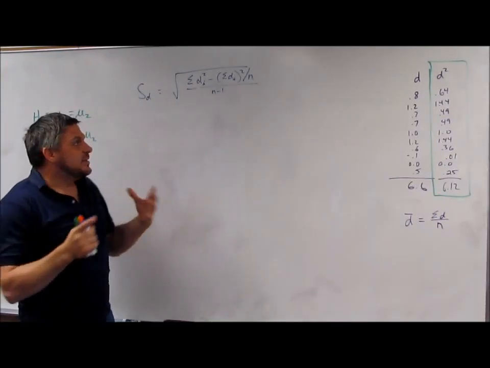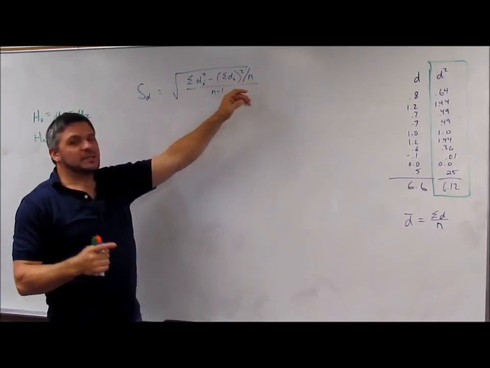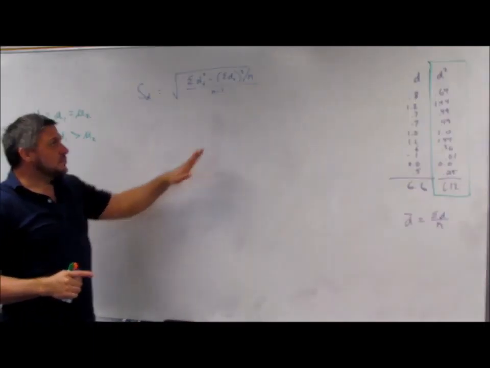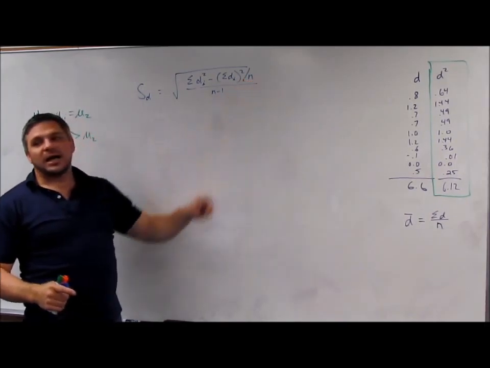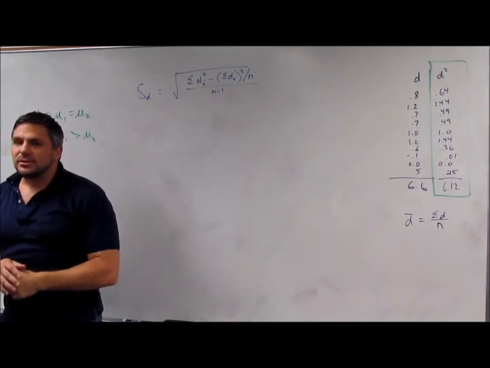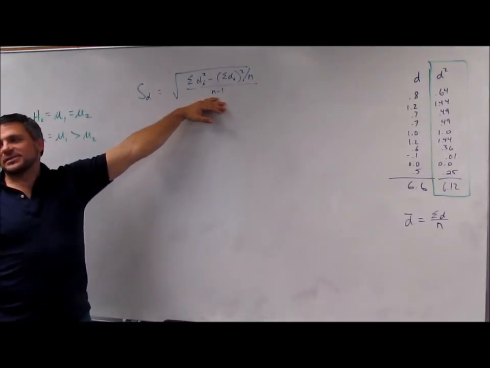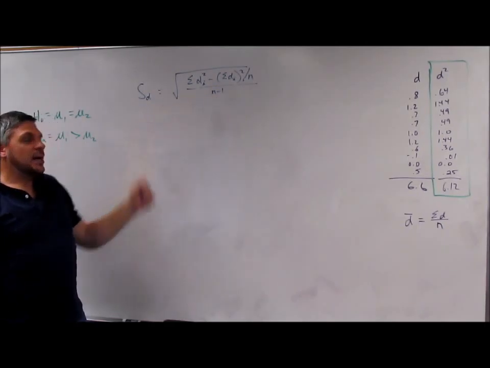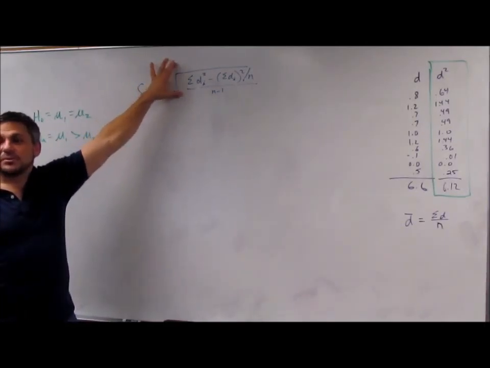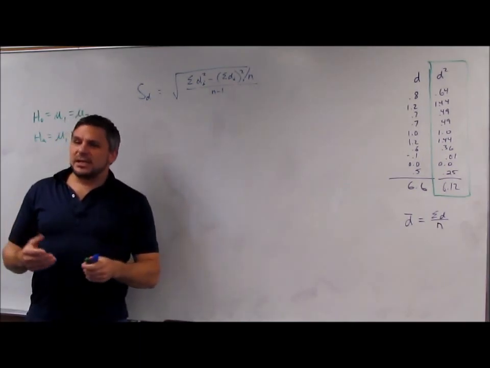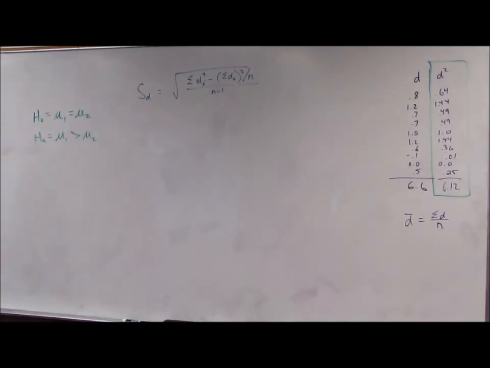And this is again from 107. And then that will be divided by the sample size, and then all of it is divided by the sample size minus 1, and then it's all going to be square rooted. That's just to find the sample standard deviation with respect to the difference.